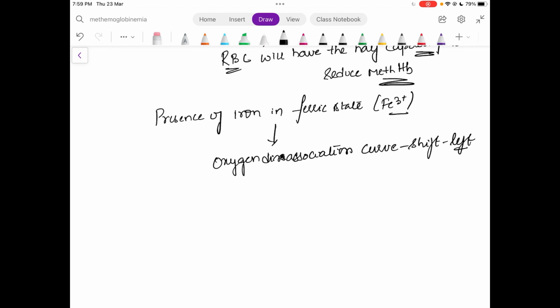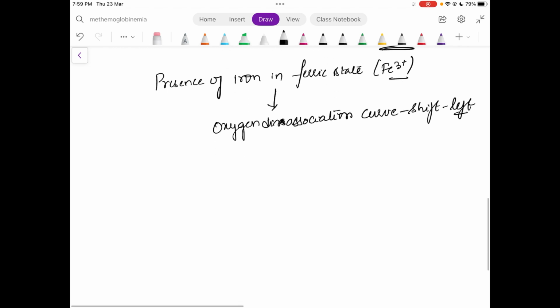That means oxygen delivery to the tissues will be decreased. If methemoglobin levels are increased in the body, then oxygen cannot be released to the tissues. So the ODC curve will shift to the left and they will cause hypoxia.